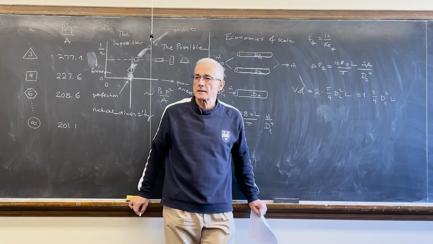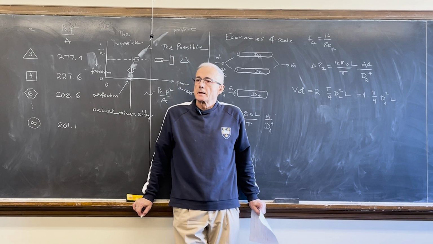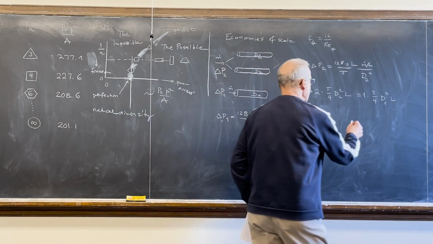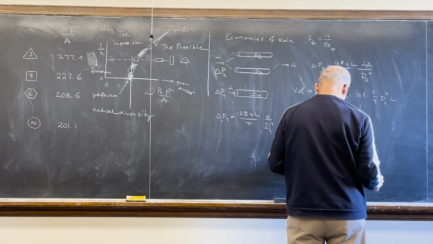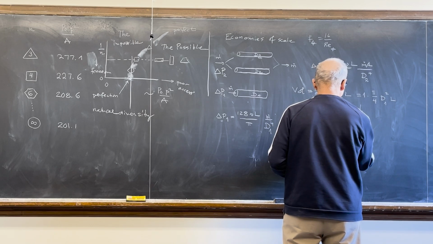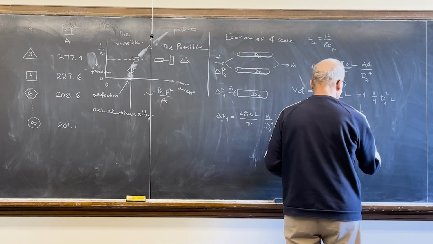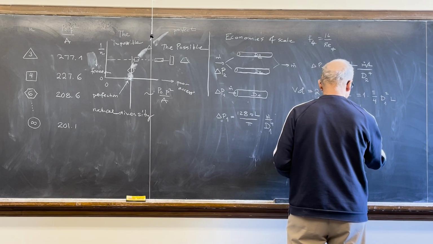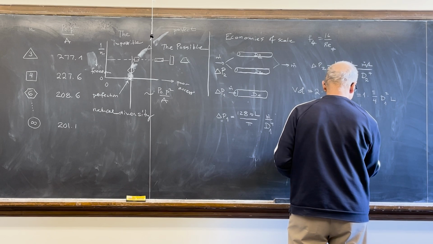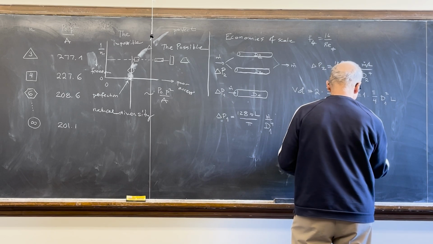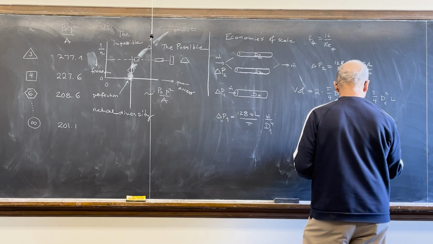And from this, let's call it constraint, we find that D2 is 1 over square root of 2, also known as 0.704 D1.